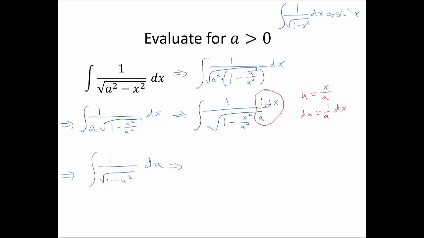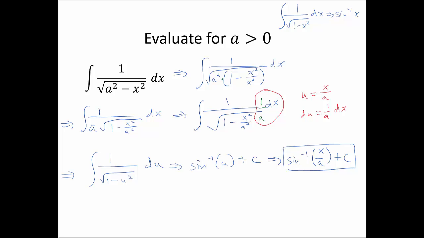Well, that's an easy integral. The antiderivative is sine inverse of u plus a constant, and then put that back in terms of the original variable. That's sine inverse of x over a plus the constant. So we now have a new formula that we can use all the time.